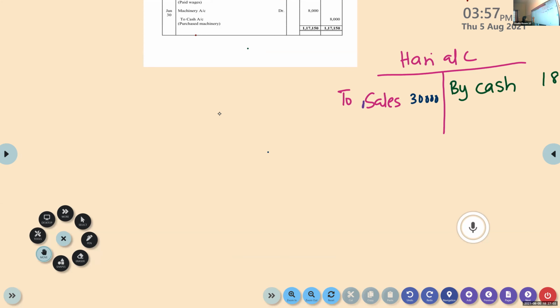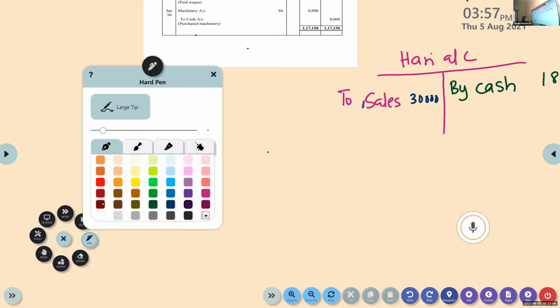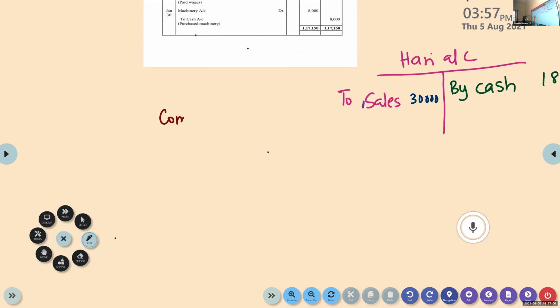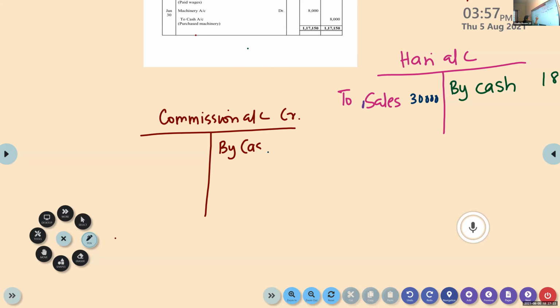Cash account debtor to commission, so that means on the credit side, we will write by cash, 750.